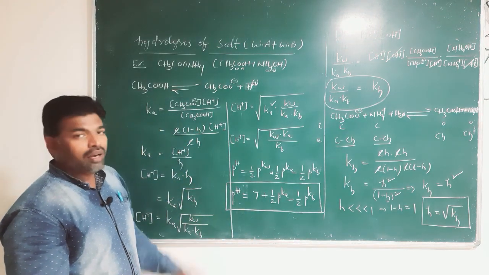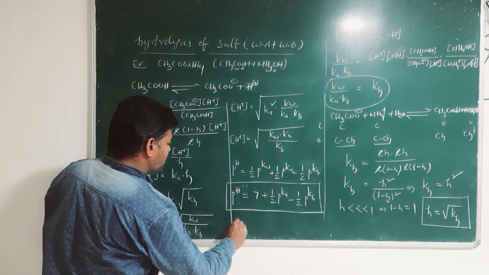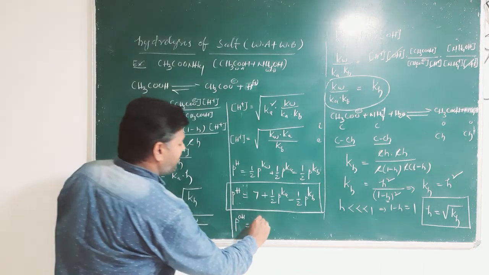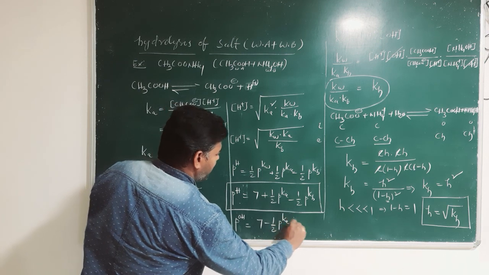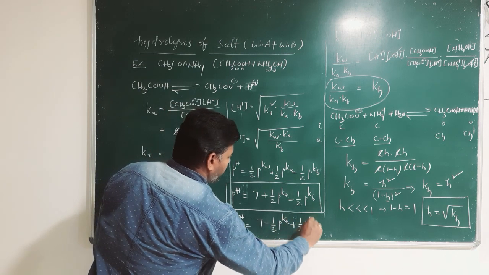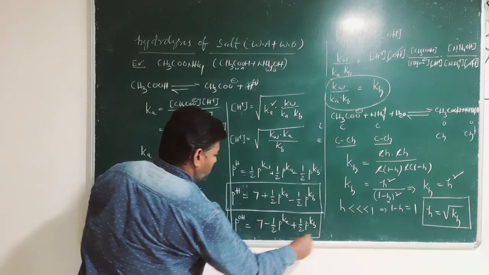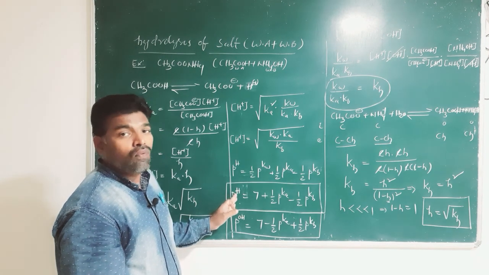From this we can calculate the pOH. So, pOH is equal to 7 minus 1 by 2 pKa plus 1 by 2 pKb. We can get the pOH value by subtracting pH from 14.